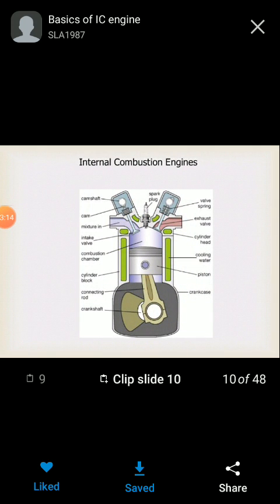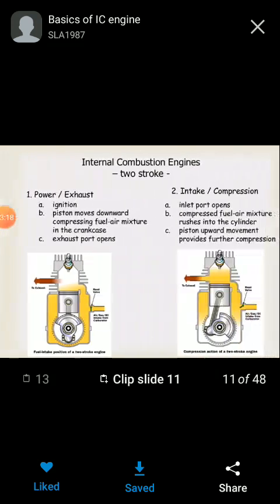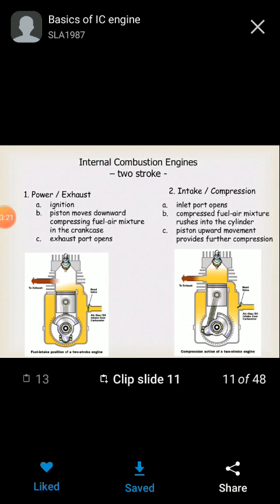The figure shows the internal combustion engine and its relative components. Internal combustion engine, 2-stroke cycle engine. The power and exhaust stroke: in process A, the ignition starts. In process B, the piston moves downward, compressing the fuel-air mixture in the crankcase.